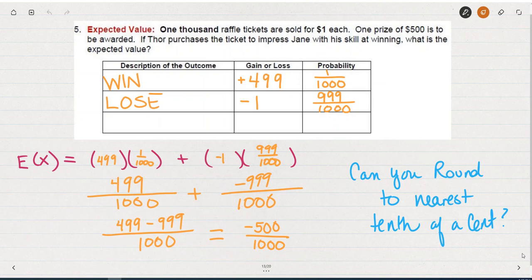So it looks like there's a loss of 500 over 1,000, and you should reduce that to lowest terms and round to the nearest cent.